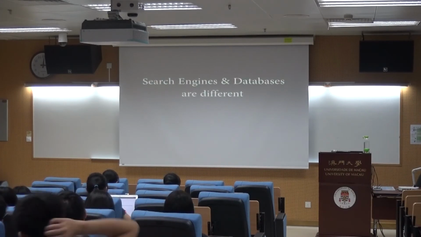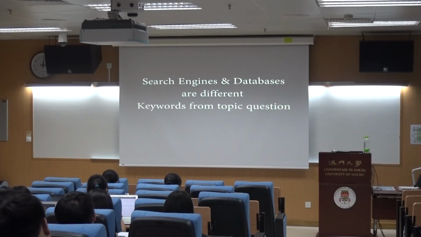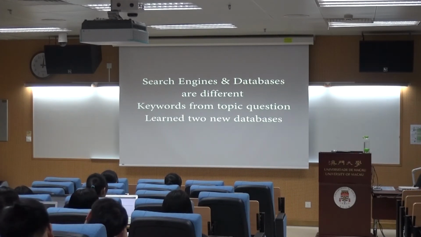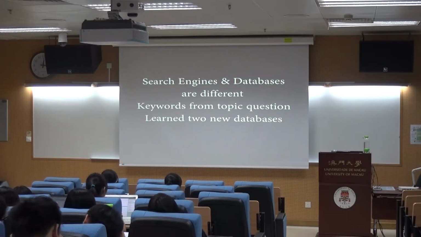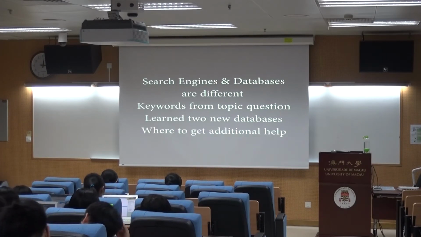Okay, here's what we've covered in this module. We've learned about the basic differences between search engines and databases. We developed keywords from our topic question to focus our database search. We accessed and searched 2 databases through the library website to locate valid, authoritative outside sources for your research project.